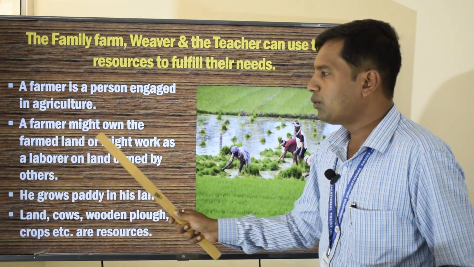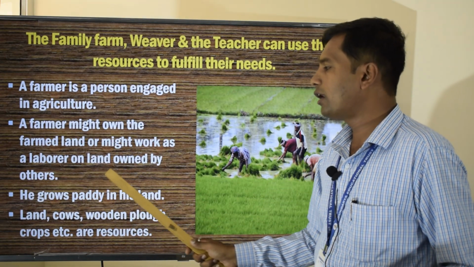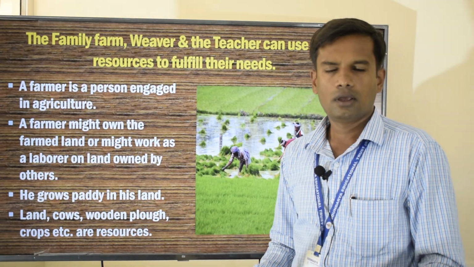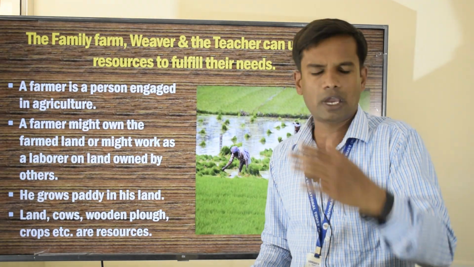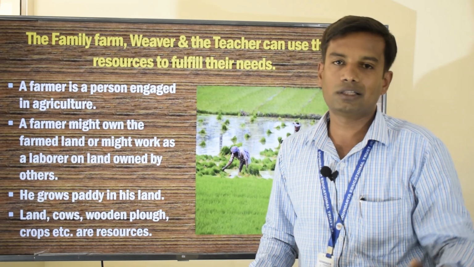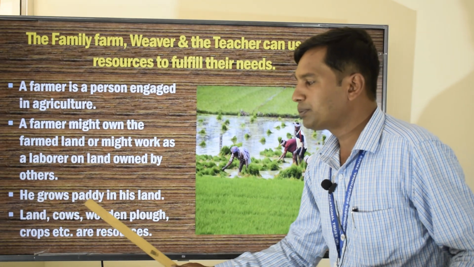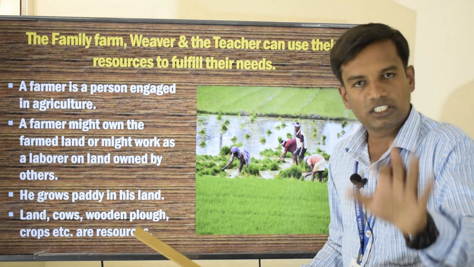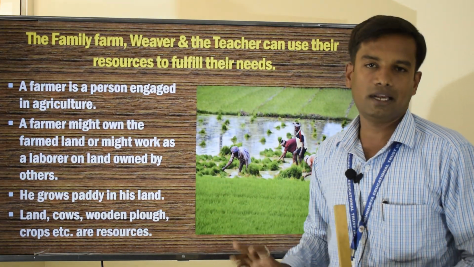A farmer might own the farmed land or might work as a laborer on land owned by others. Maybe there are two possibilities: a farmer can work on his own land, or else he can work on others' land. Here I am taking the picture of a farmer who grows paddy on his land.